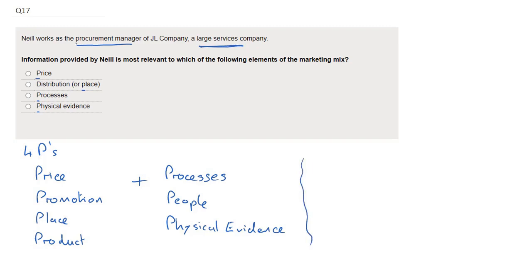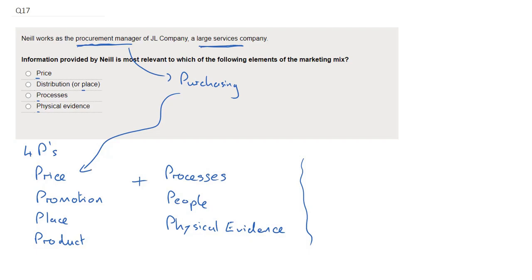However, we've got to focus on Neil's role. He is a procurement manager. That means he will be involved in the purchasing of products that JL Company will use. Because Neil is involved in the purchasing of products or even other services that will be used by JL, the best or most relevant element of the marketing mix will be the price.